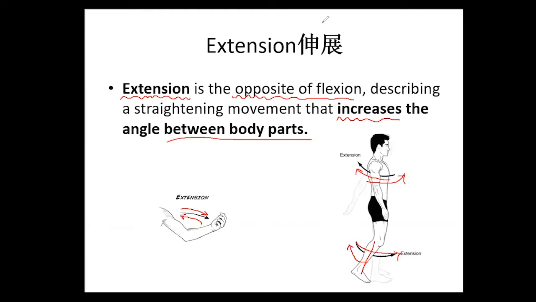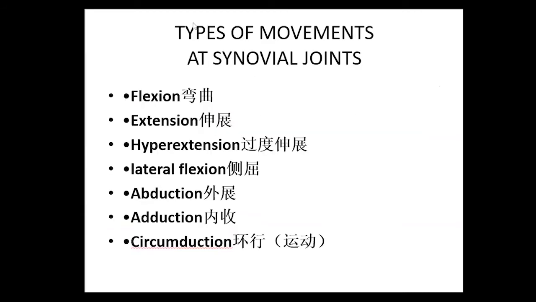So flexion and extension are truly a pair of movements. We just gave some examples here, but this can apply to joints all over the body.